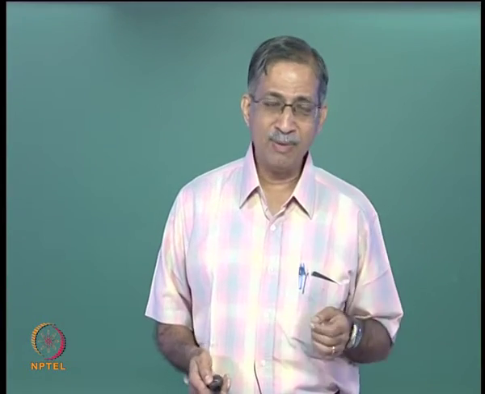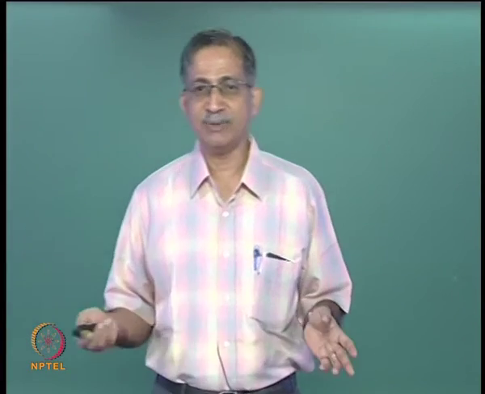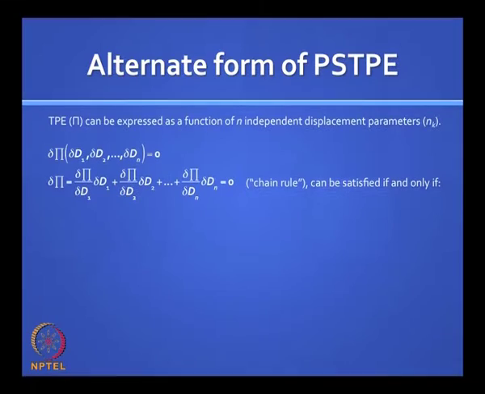Now the alternative form of this same principle is more popular. So let us say you have some independent displacement parameters, I will give you an example, which usually is equal to the degree of freedom in that system, and let us call them d1, d2, d3 etc. Then you can always write u and v in terms of these independent displacements, and so you can write an expression delta pi as a function of delta d1, delta d2 etc. equal to 0.